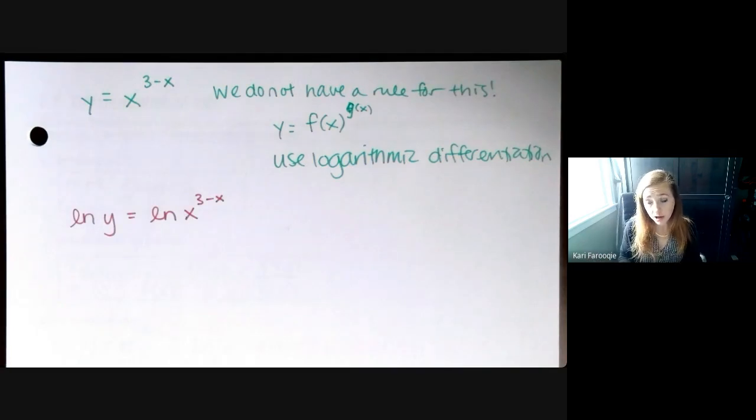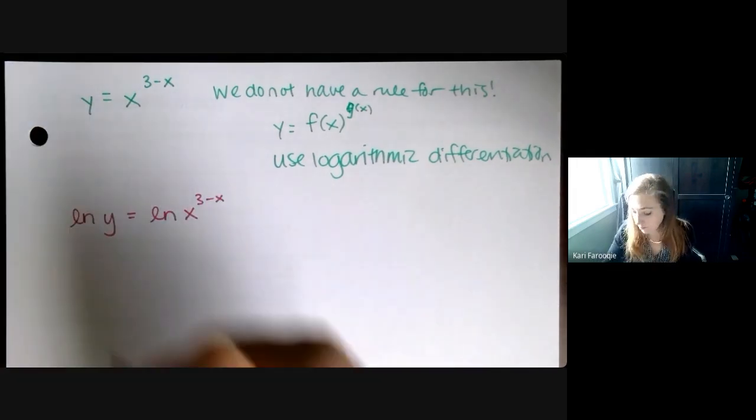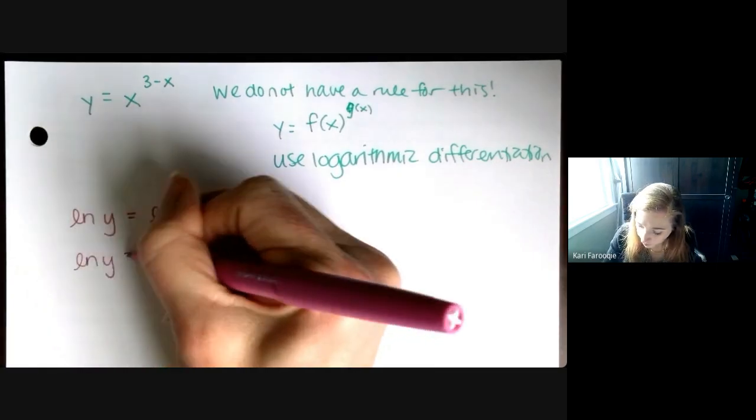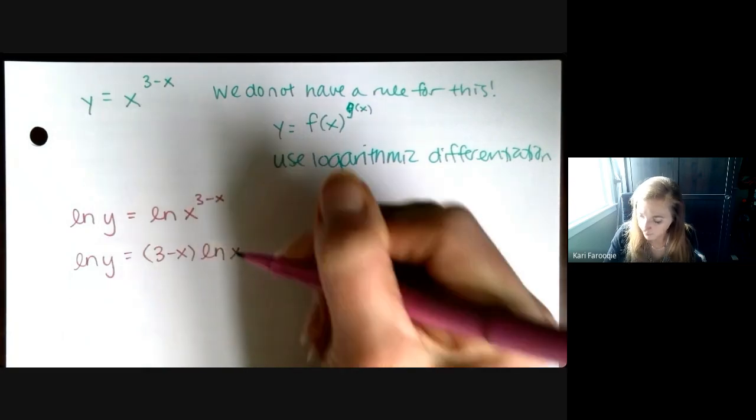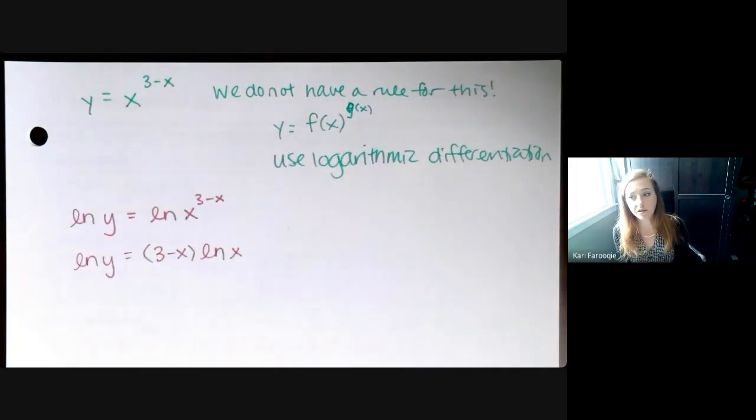Once you take the log on both sides, now you can just willy-nilly pull that power out front using the power rule. Don't forget your parentheses. If you lose your parentheses, then it's just going to look like 3 minus the quantity x ln x, which is not what you want. That whole exponent's getting multiplied by the logarithm.